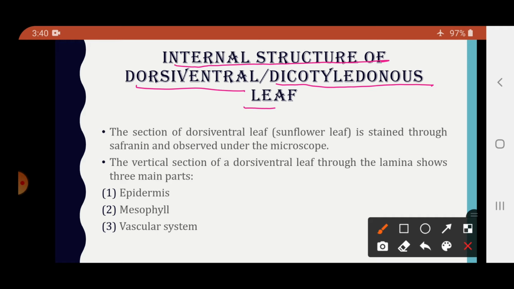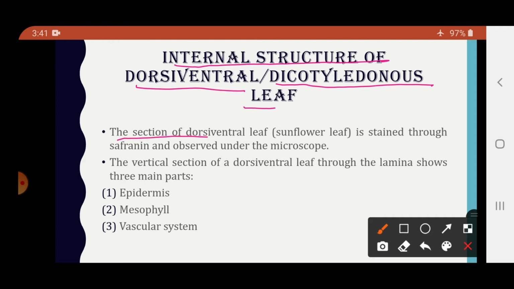Dorsi is related to dorsal, ventri is related to ventral. So, why is it called a dorsiventral leaf? It is called the dorsiventral leaf because there are two different types of tissues towards the upper and lower epidermis, and as there are two different types of mesophyll tissue towards the upper and lower epidermis, it is called a dorsiventral leaf.